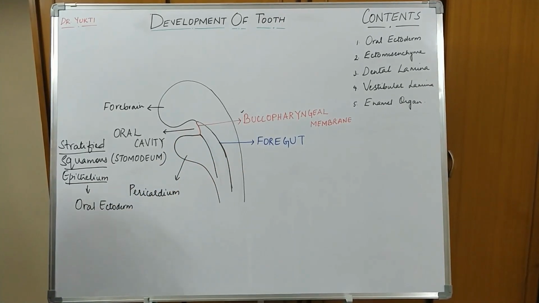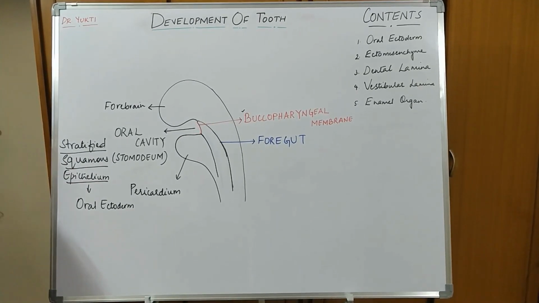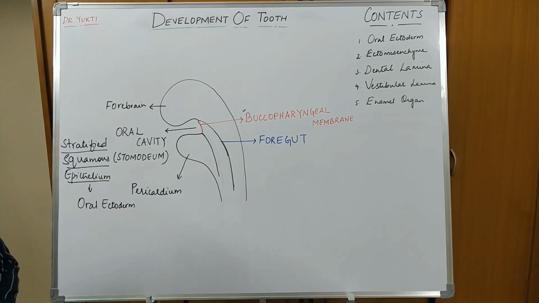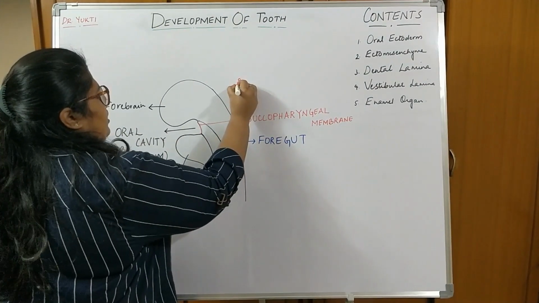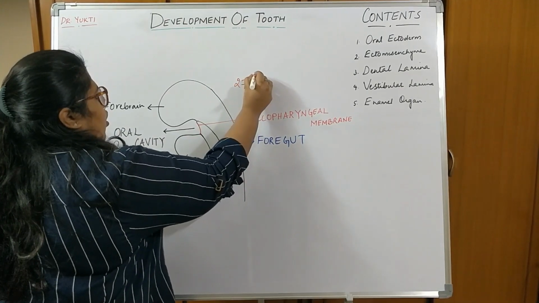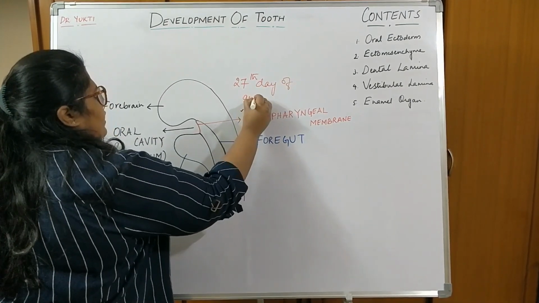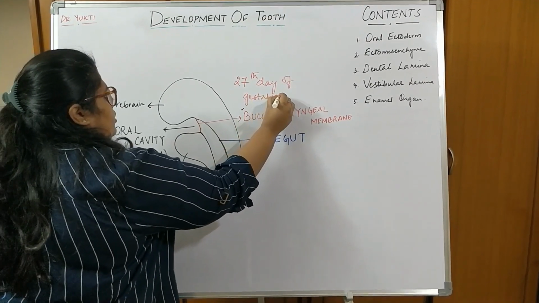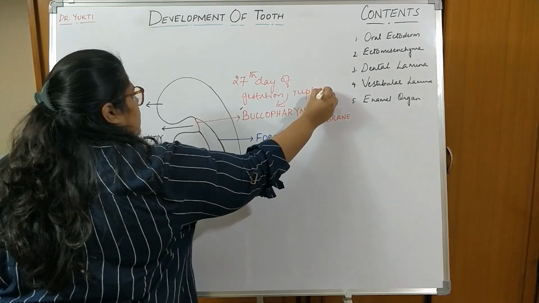Now, this doesn't have to be there, right? So, as the embryo develops, this buccopharyngeal membrane ruptures, okay, and the rupturing of the buccopharyngeal membrane occurs on the 27th day of gestation.